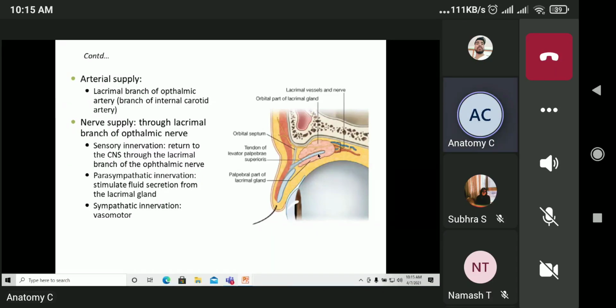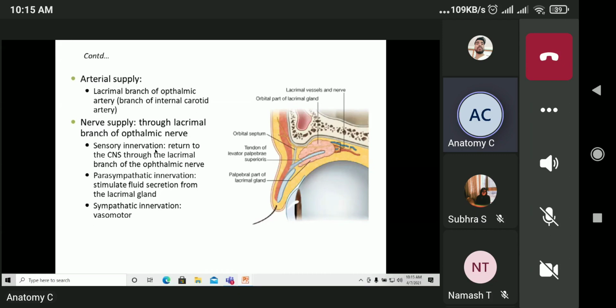Now arterial supply, look at it. This is the orbital part and palpebral part. This is the tendon of levator palpebrae superioris. It's going like that. And what is the arterial supply? It is supplied by the lacrimal branch of the ophthalmic artery, a branch of the internal carotid artery. The sensory innervation is through the lacrimal branch of the ophthalmic nerve.